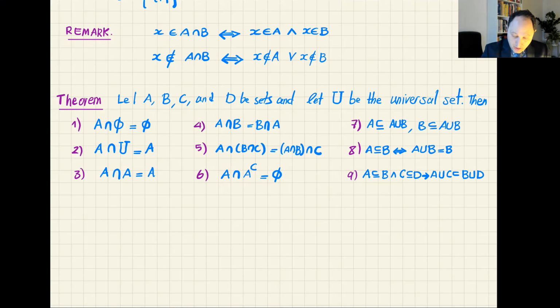Okay, so can you change this one? What do you think? How should I change these two items in number 7? A intersection B is a subset of A and a subset of B. Exactly. So here it's clear when I union two sets, each one of them is smaller, in quotation, yes?